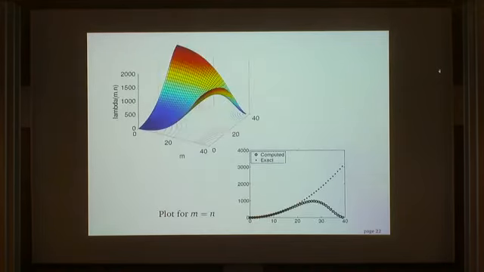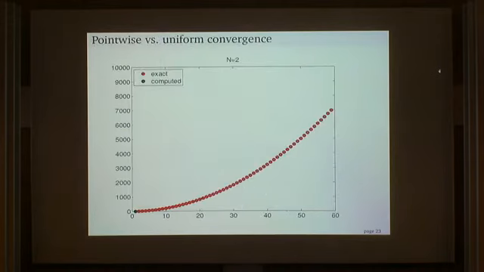And this is a picture to show what happens. So the eigenvalues should be on a parabola, right? m squared plus n squared. This is what you get out of the formula from Duran, which is approximating a parabola in some sense, but only up to here, not for the tail of the spectrum. This is the diagonal of this picture, just a section. And so this is what happens, right?